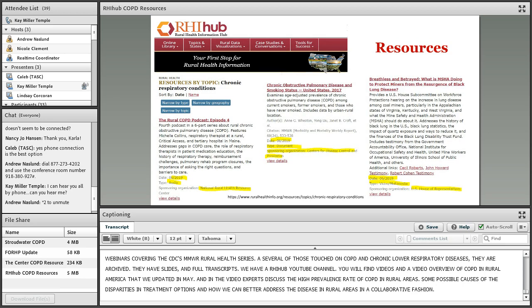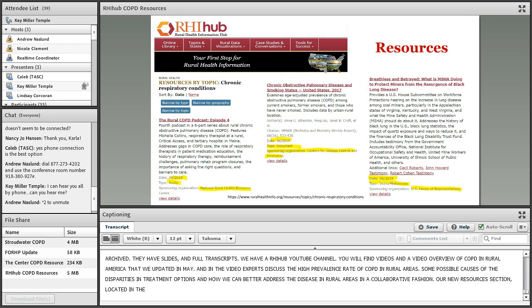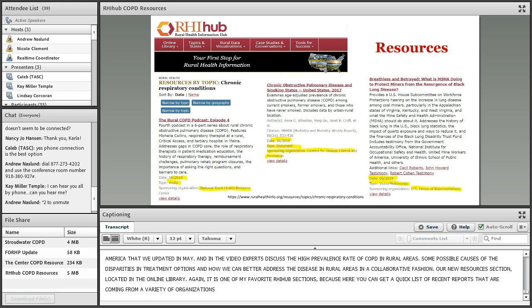Our new resources section located in our online library, again, is one of my favorite RHI Hub sections because here you can get a quick list of recent reports that are coming from a variety of organizations and also rural news related to COPD.